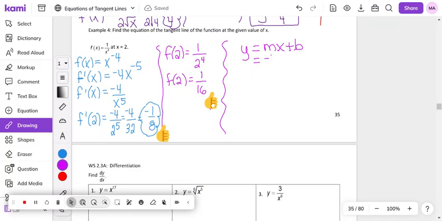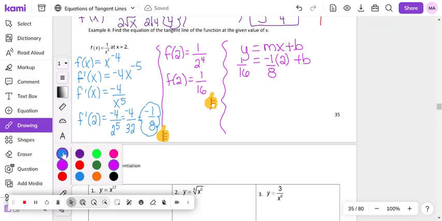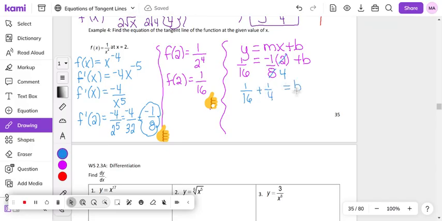So y equals mx plus b. We're going to put our negative 1/8 here. We're going to take 2 and 1/16 here plus b. So we've got a little fraction work. Don't be afraid. We'll make that negative 1/4. So let's think about this. We have 1/16, and we're going to add the 1/4 to the other side, equals our b value, but I know you know we need common denominators.